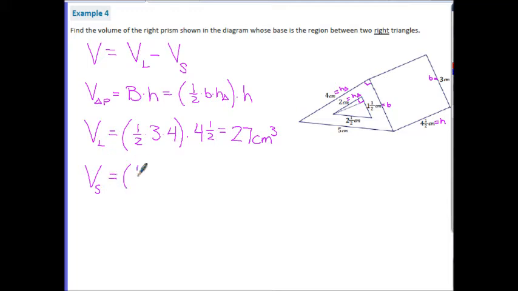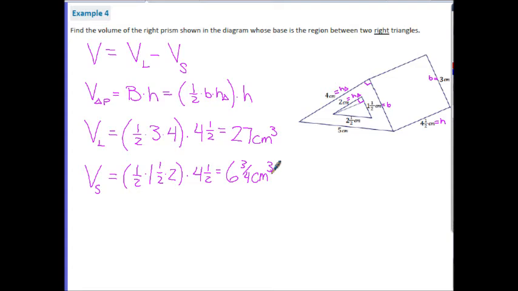So we have 1/2 times 1 1/2, and that is our base of our small triangle. Our height is going to be 2, and the depth of this is still going to be 4.5. And when I multiply those out, I get 6 3/4 of a cubic centimeter.